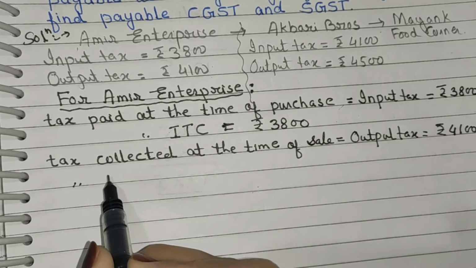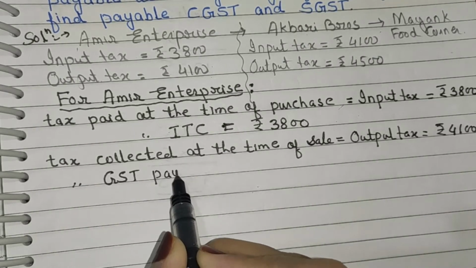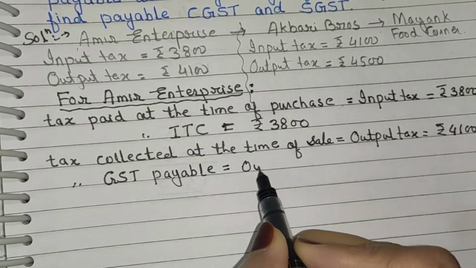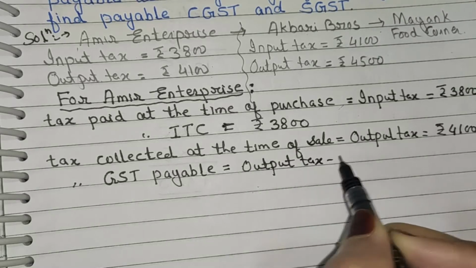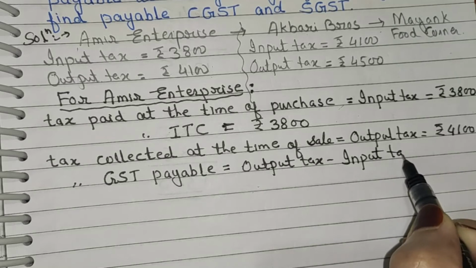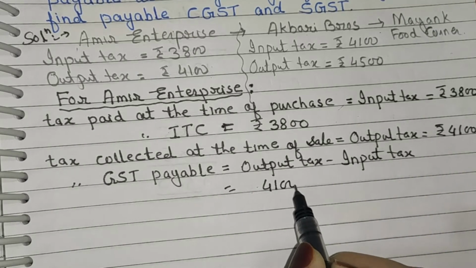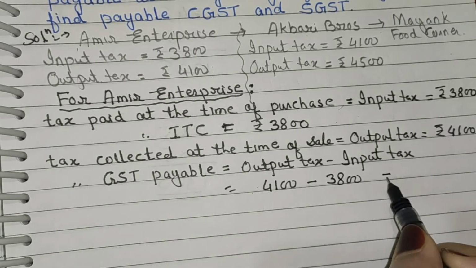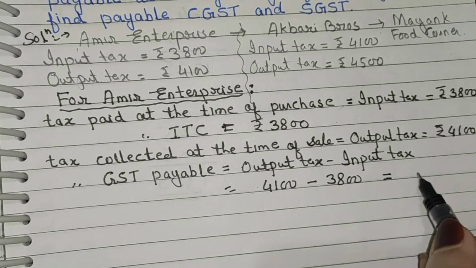Therefore, GST payable is equal to output tax minus input tax. Now the output tax is 4,100, input tax 3,800, which is equal to 300.